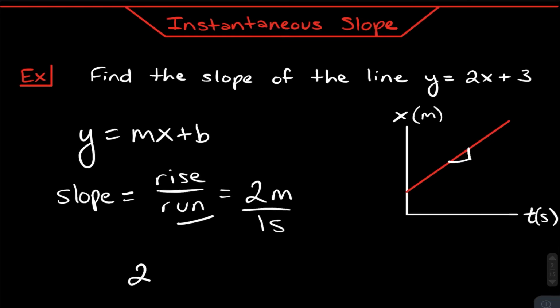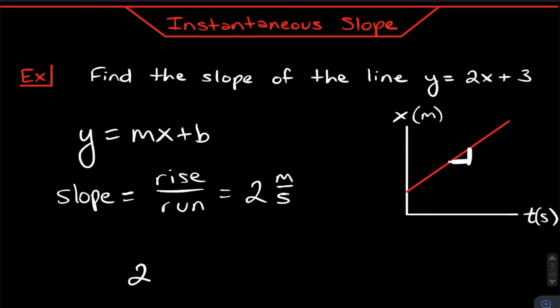That's our run. For every second that we go over, we're going 2 meters up. And we can kind of get rid of the 1 here because it's redundant.